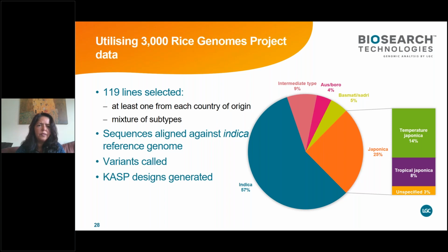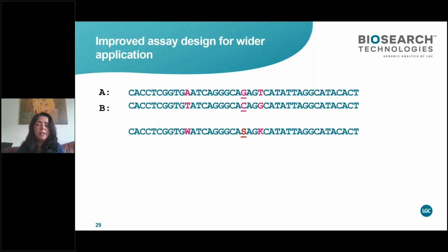So as part of the process to improve the applicability of the KASP assay designs, we had to look at the submission sequences. In this particular example, we've got a pairwise comparison of two varieties.